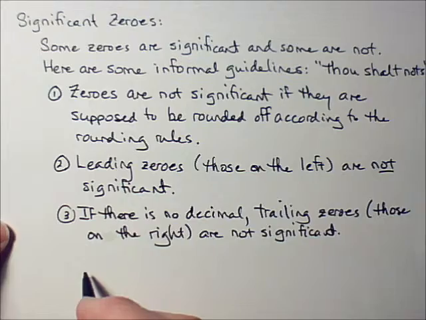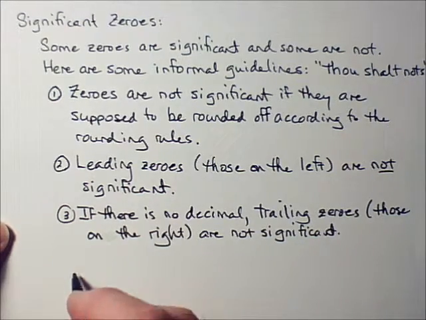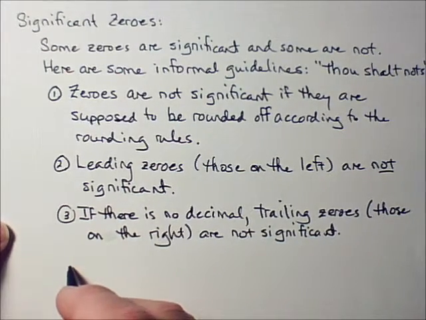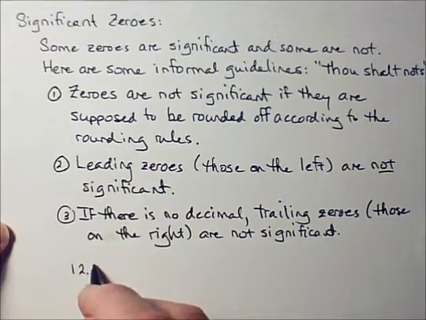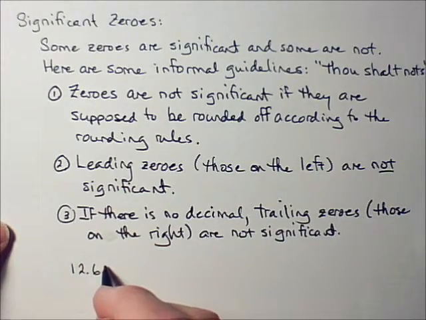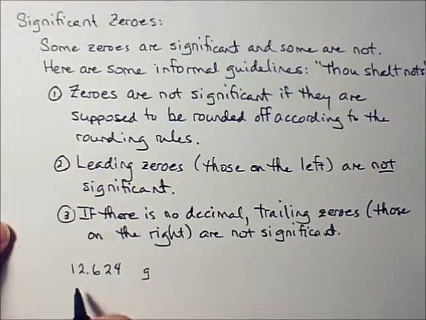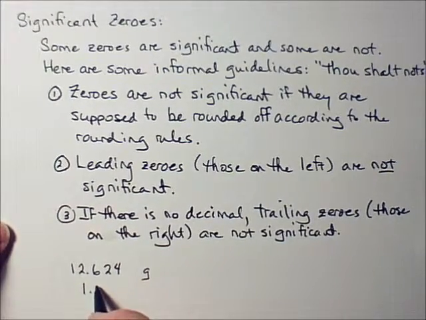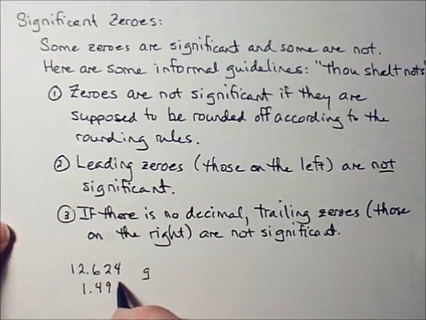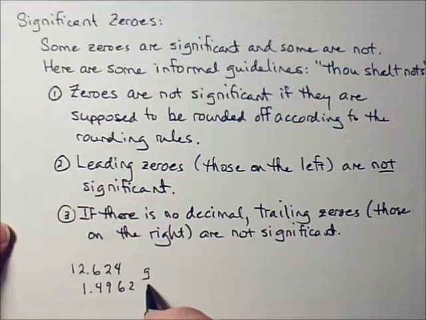Let's see. If I'm adding up some numbers, let's do 12.624 grams of something and 1.4962 grams of something.